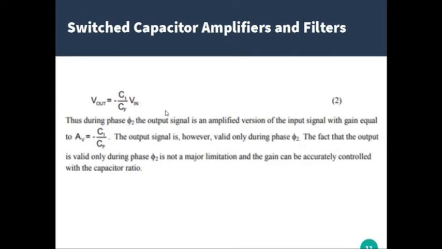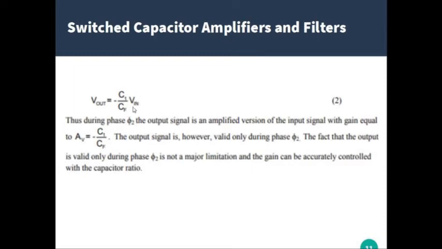So we have now achieved, or if not totally achieved, we are now closer to the ideal gain value, which is V out equal to negative C1 over CF times V in.